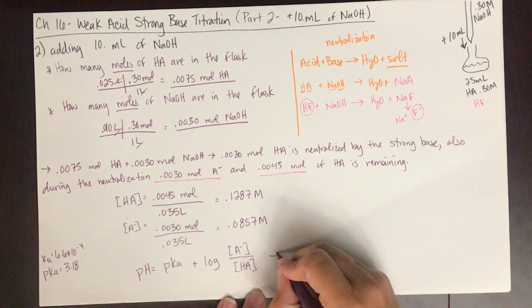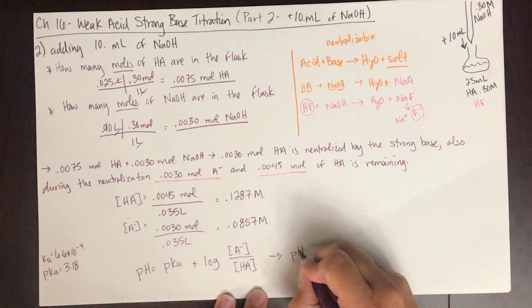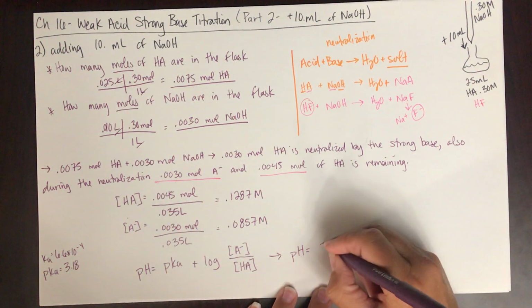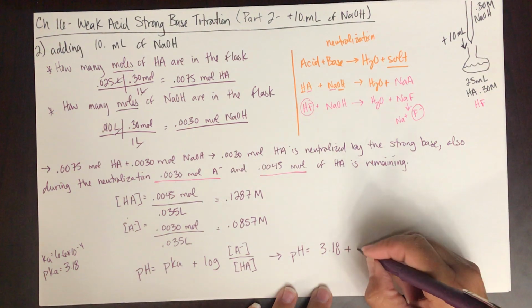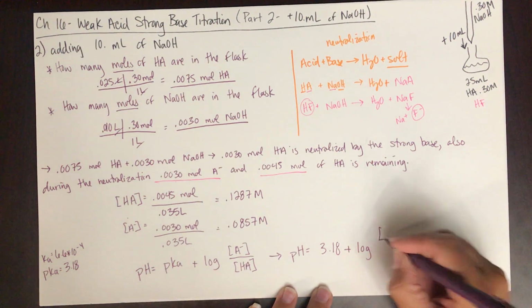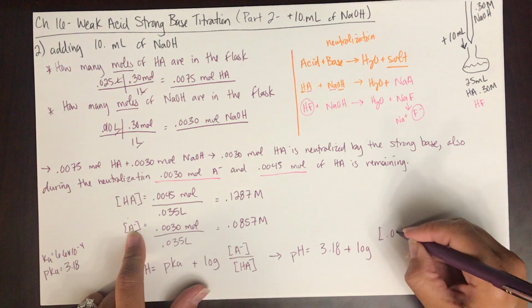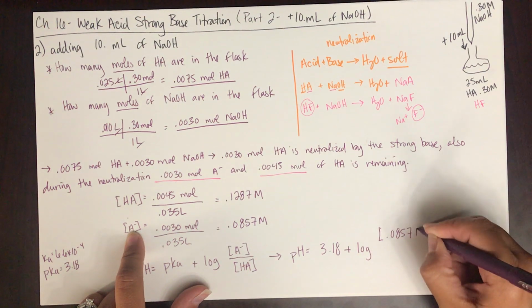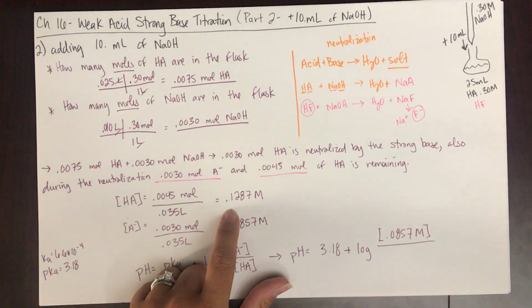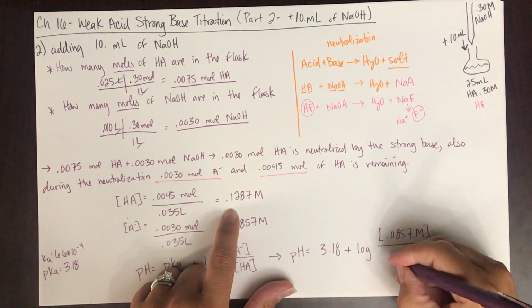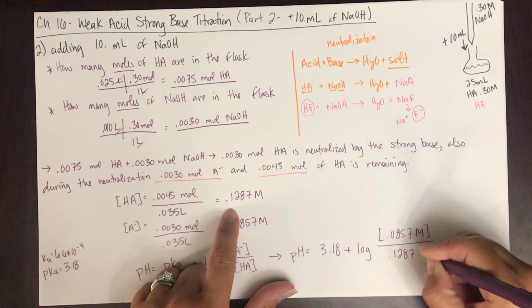Okay, so that translates to pH equals 3.18 plus the log of the concentration of A minus, 0.0857 molar, divided by the concentration of HA, my acid, 0.1287 molar.